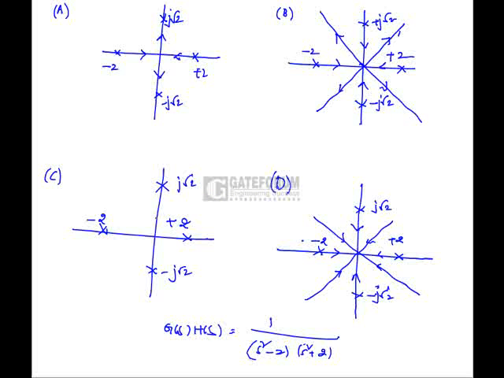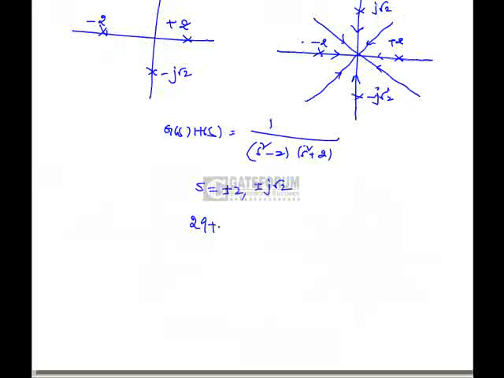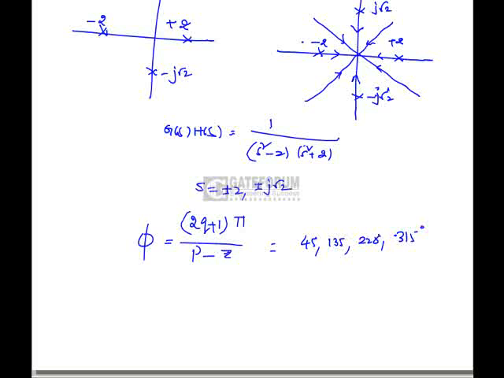Here, see, there are 4 asymptotic angles. If we calculate the asymptotic angles, (2q plus 1) into pi by (number of poles minus number of zeros), these are the asymptotic angles. We will get 45, 135, 225 and 315 degrees.